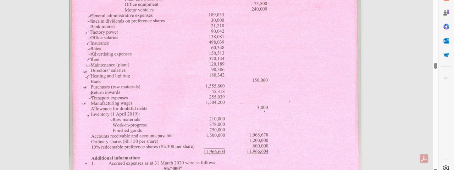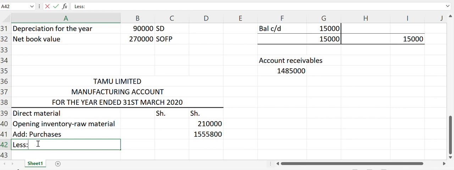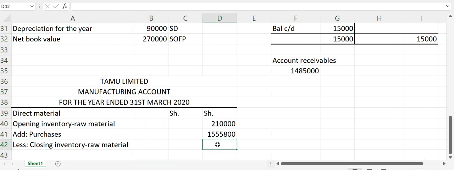If we don't have return outwards, we proceed with less closing inventory of raw material. It is supposed to be less, or minus.